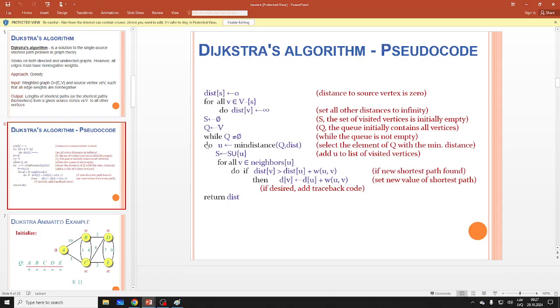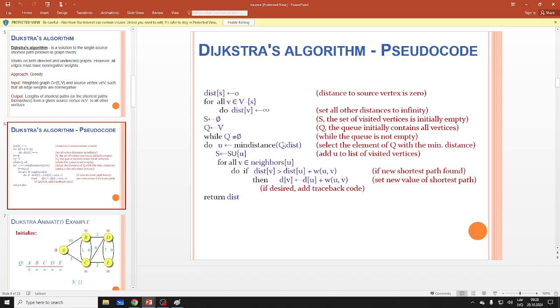Now the tricky part is, you find the distance which is the shortest, the minimum distance, and then you add it. So you check your queue, which is all cities, and you find which one has the shortest distance to the city you started with, the origin, the source.